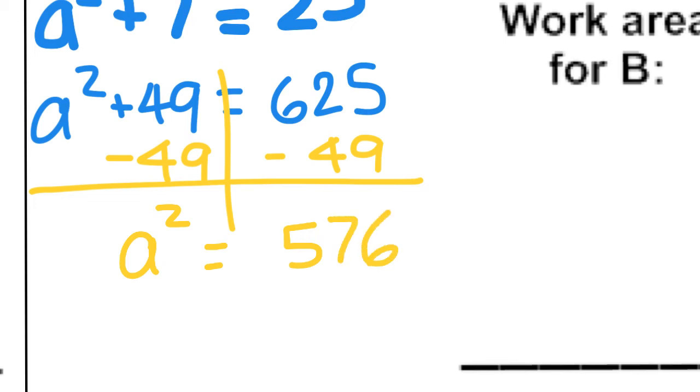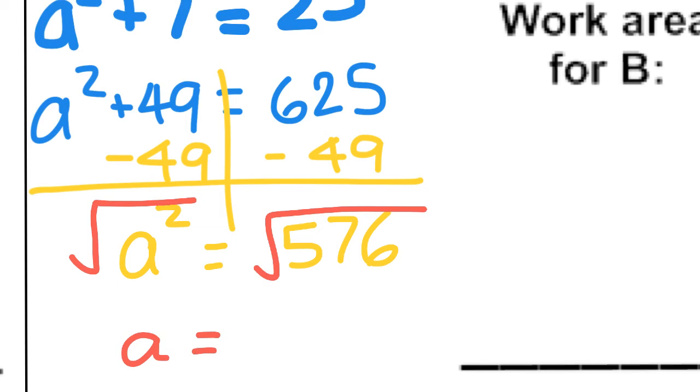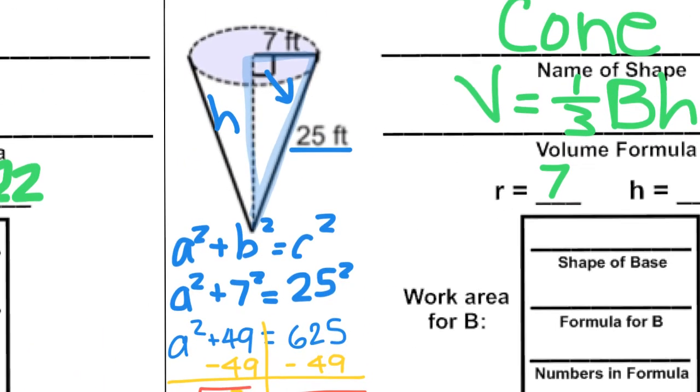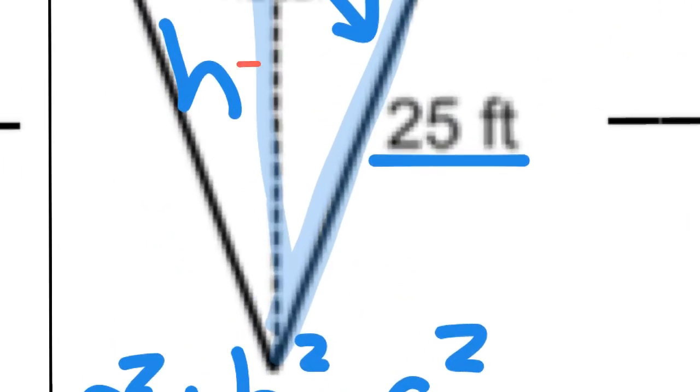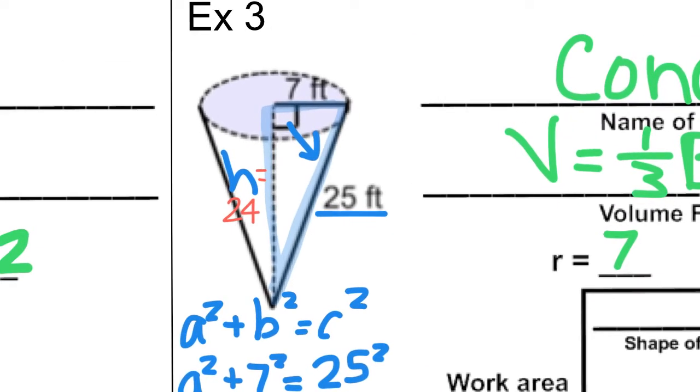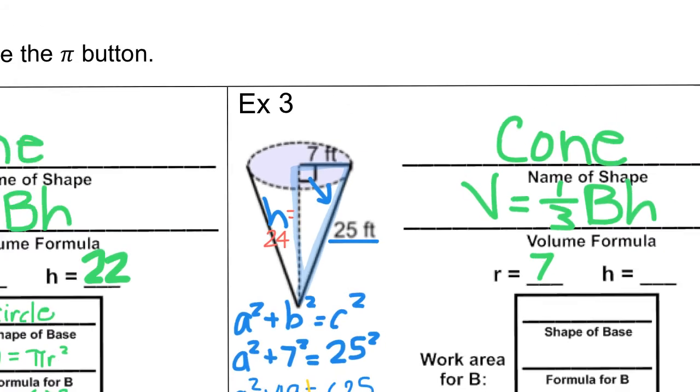But remember, we don't want a squared. We have to isolate the a. So we'll take the square root of both sides. The square root of a squared is a, and the square root of 576 is 24. So that is our height. Our height is equal to 24 because that's the perpendicular line.